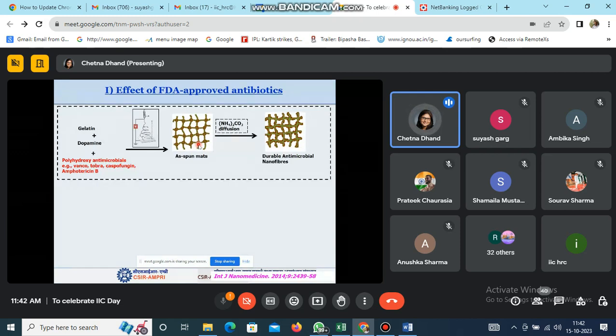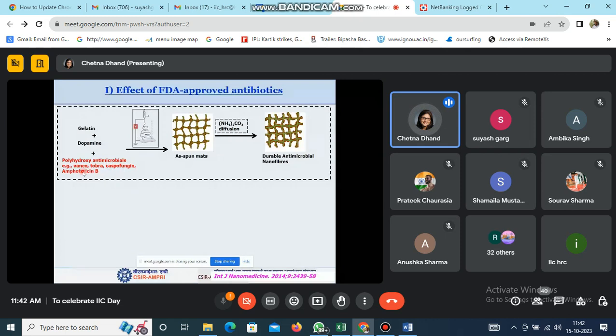So then what we did, now here we have already optimized the material, that is gelatin, which is cross-linked with the polydopamine. And now we need an antimicrobial component. So what we added as antimicrobial component are the antibiotics. So we used different antibiotics like vancomycin, tobramycin, caspofungin.